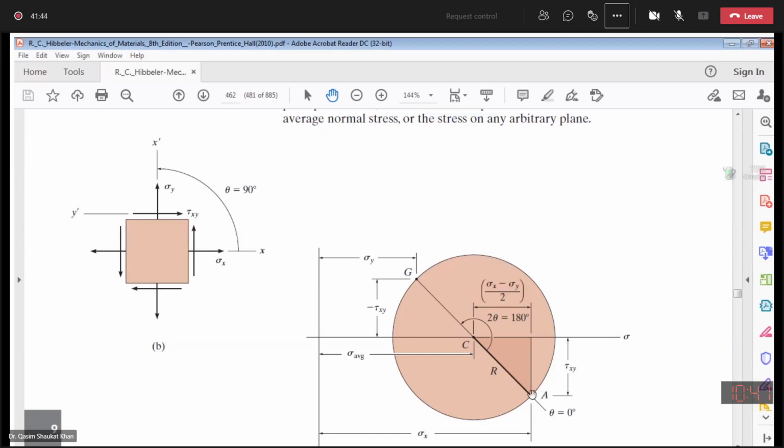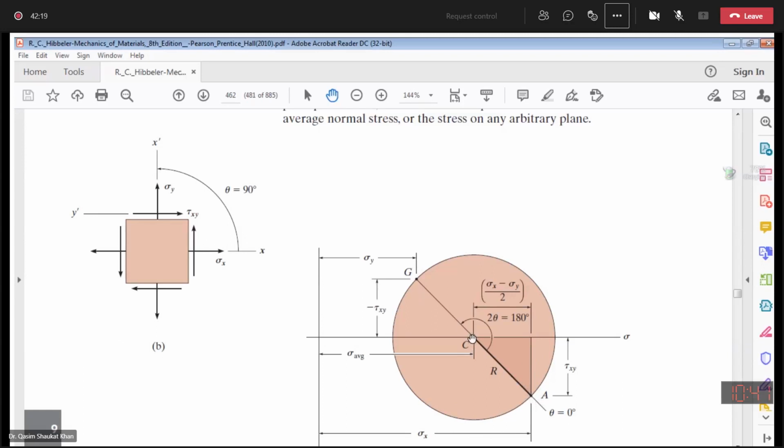This reference point A represents the normal and the shear stress components on the element when your x dash axis is coinciding with x axis and y dash axis is coinciding with y axis. So this is my reference point A, having the coordinates sigma x and tau xy.